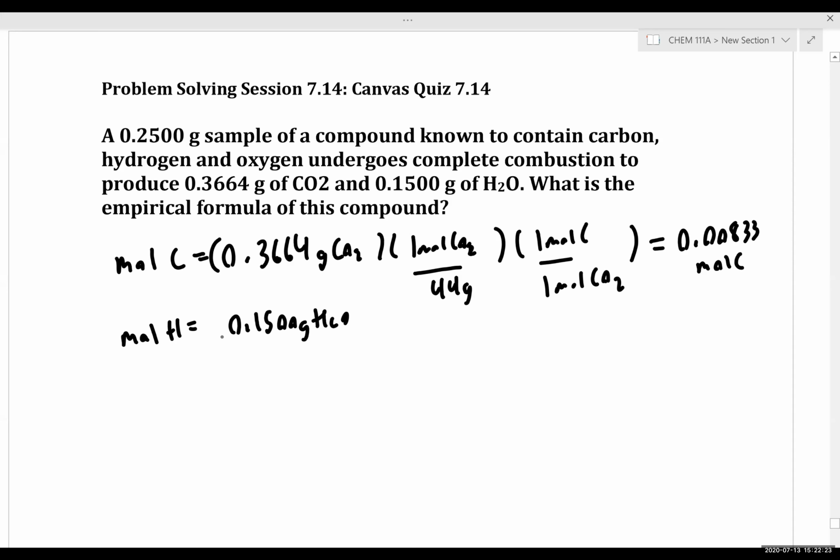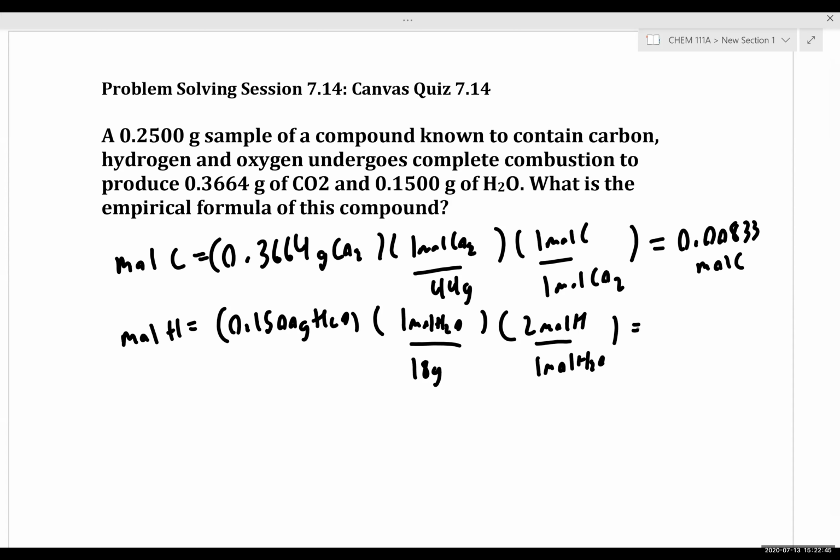To calculate the moles of hydrogen, we have 0.1500 grams of water. We know we have 1 mole of water for every 18 grams, and we know that we have 2 moles of hydrogen for every 1 mole of water, and that in turn gives us 0.0167 moles of hydrogen.